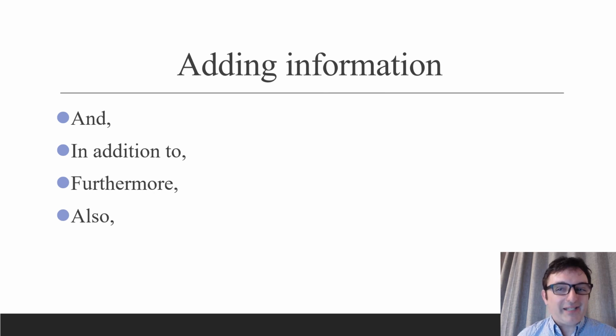The third kind are transition words that show the reader that the writer is going to add some information, and those words are like and, in addition to, furthermore, and also. So we know that these are just going to be sentences that add more detail.